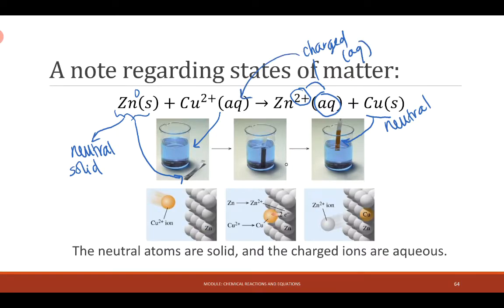You can see here that once this copper ion comes in, it exchanges electrons with the zinc, and then the zinc leaves as an ion and the copper deposits on the surface.